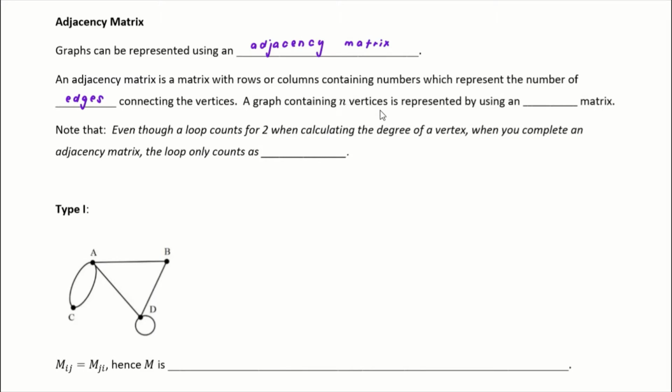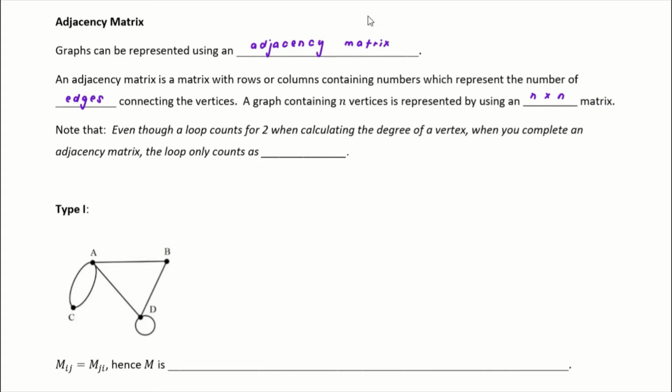Something important is that all the matrices we are dealing with for this chapter will be square matrices. The idea is that a graph containing n vertices is represented by using an n times n matrix. In an easier way, if you have a graph with 3 vertices, then you are using a 3 times 3 matrix to solve it.